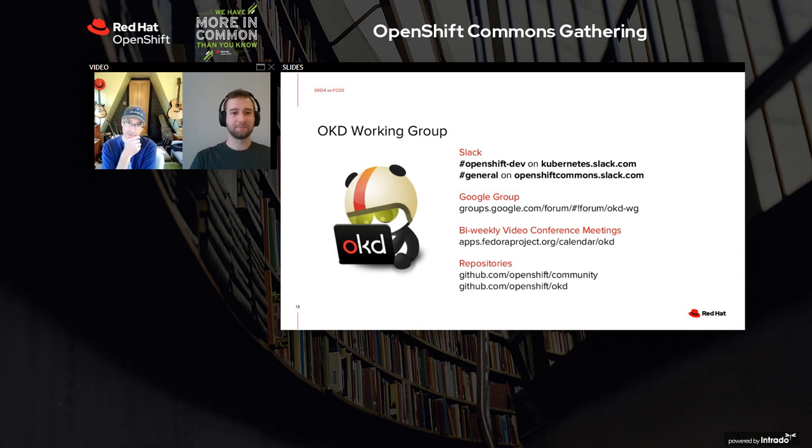On your screen now, you should see several links. This is a very active community of folks from across the globe. This is not just a Red Hat thing. We've got a very, very broad and diverse group of people, all with a common interest in the OKD distribution of Kubernetes, that are working together to make this project much better and much broader.